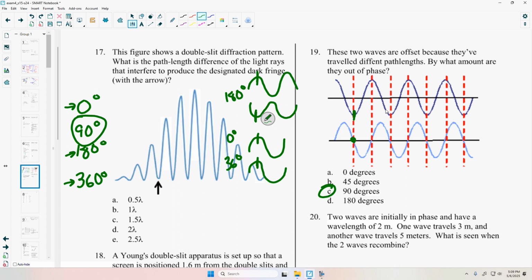The peak would line up with the trough. It's just offset by a quarter wavelength. That's 90 degrees. All right, Dave? Cool. And 180 degrees is a half a wavelength. That's right. And 180 degrees is where I have destructive interference, where a peak is lined up with a trough. It's like this. That's where they go away.